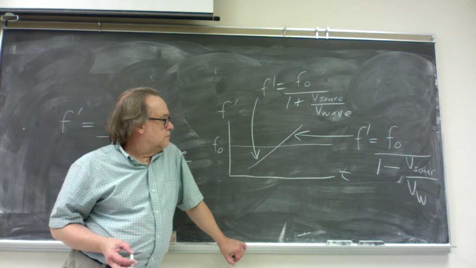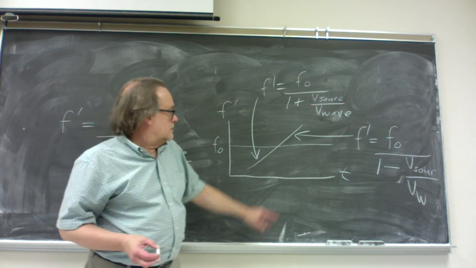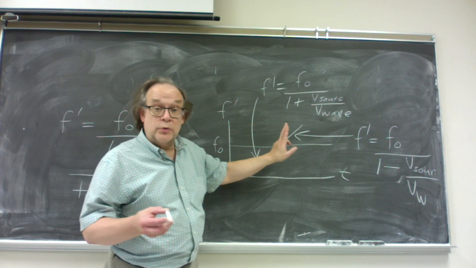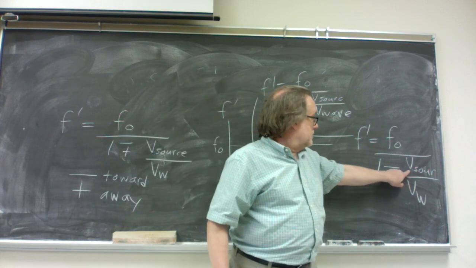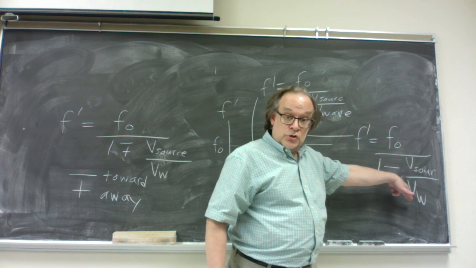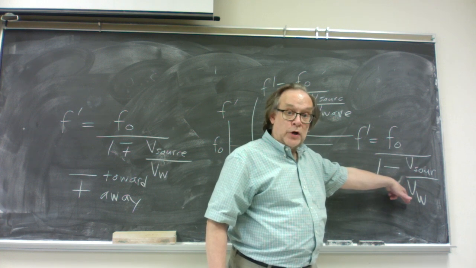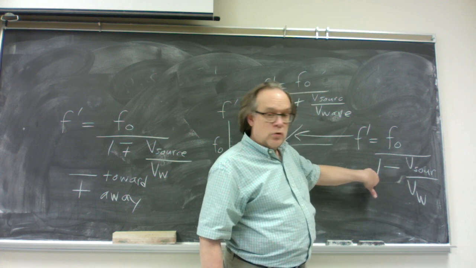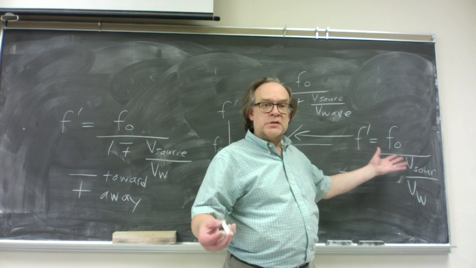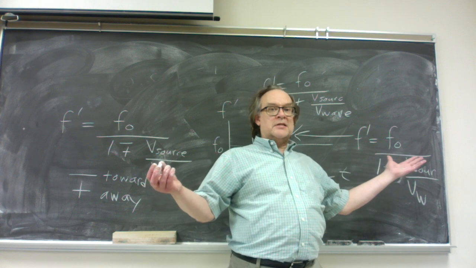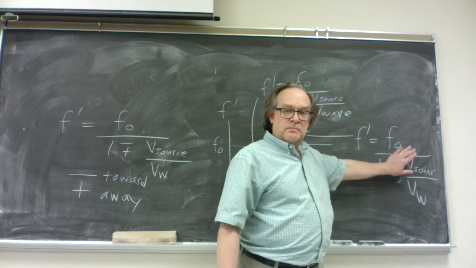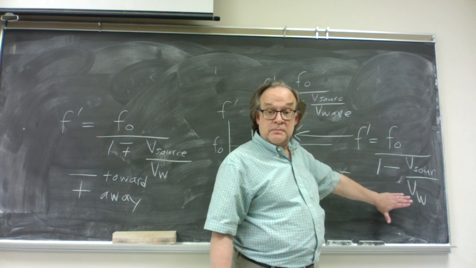So, in this case, the ambulance is now speeding up. How do we know that? As the ambulance speeds up, this fraction gets bigger. So then you're subtracting more and more from 1. And when you subtract more and more from something, you're left with less and less. In other words, when this increases, the denominator decreases.